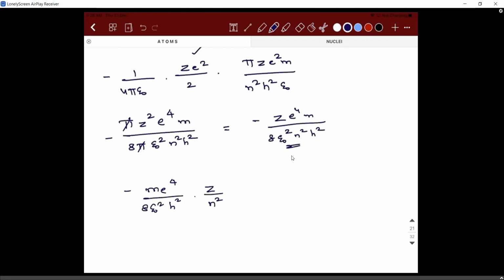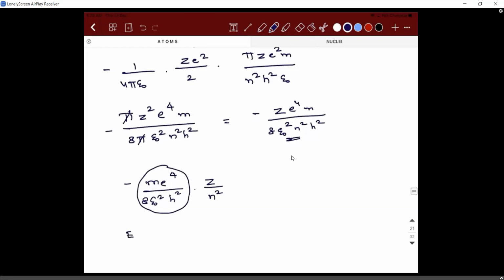Right? So what are all constants? The mass, the charge of the electron, epsilon naught, and h, everything is a constant. By substituting all these values, you will get the total energy E_n equal to minus 13.6 into Z square divided by n square electron volt.